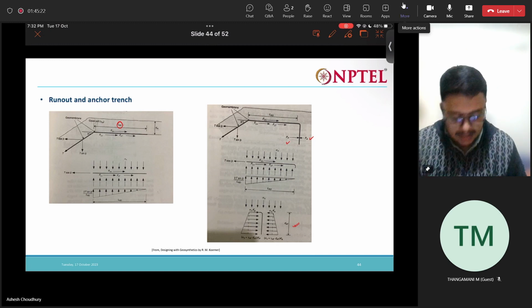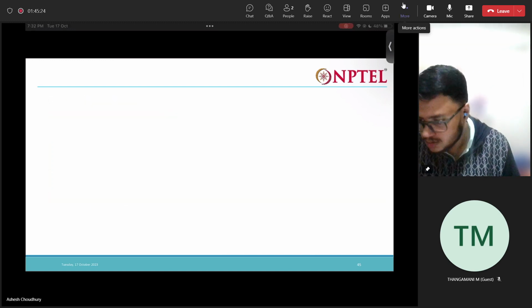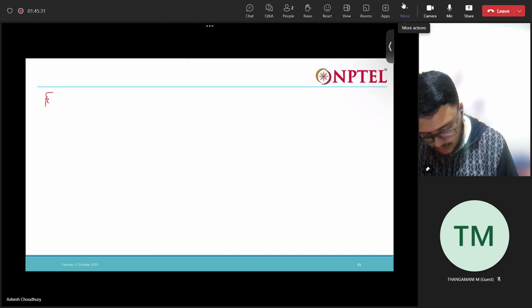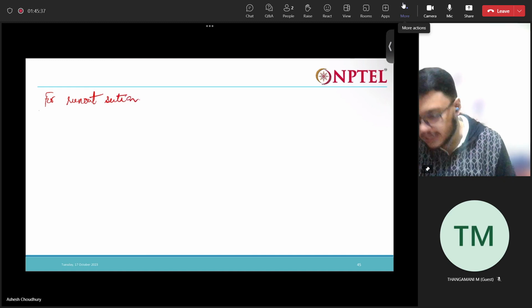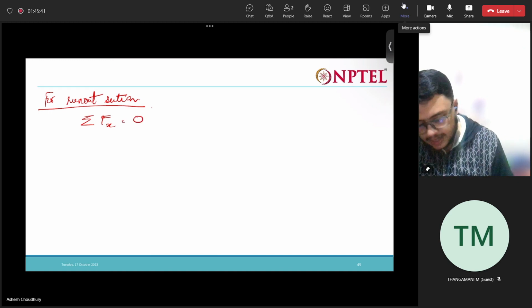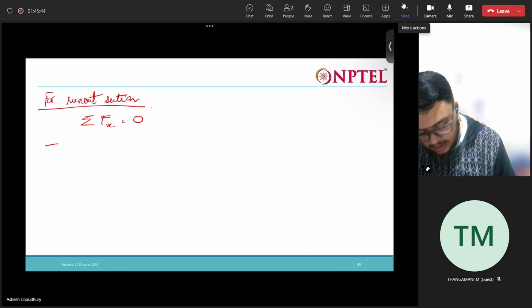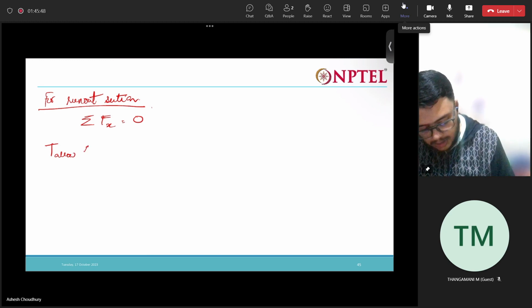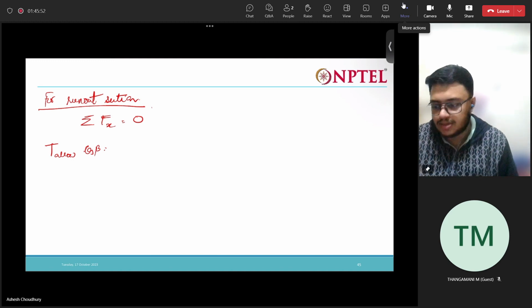The first case is the runout. So for the runout section, if we sum all the forces about x equal to 0, T allowable, the cos component of the tension, that is the horizontal component, same as the thickness case.